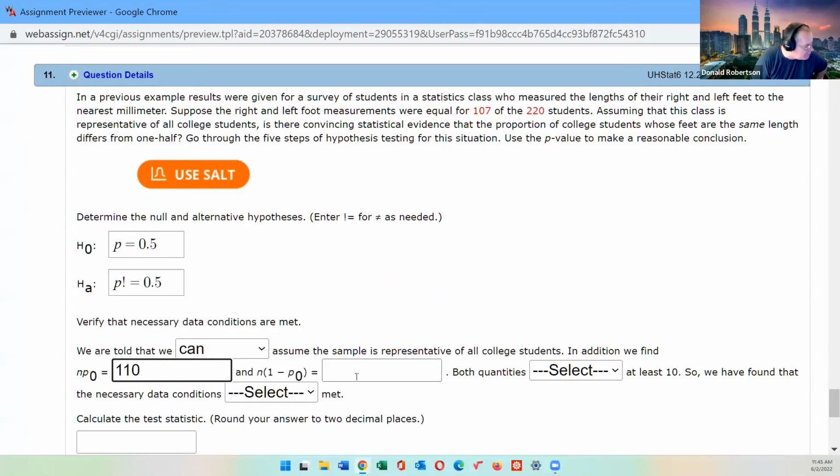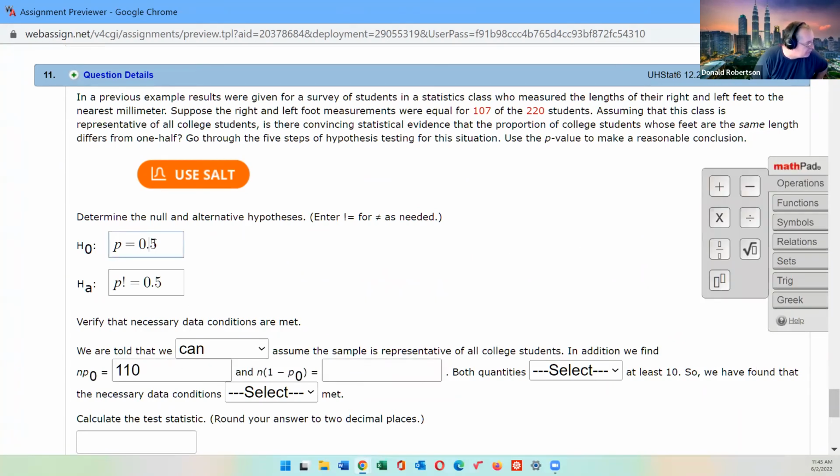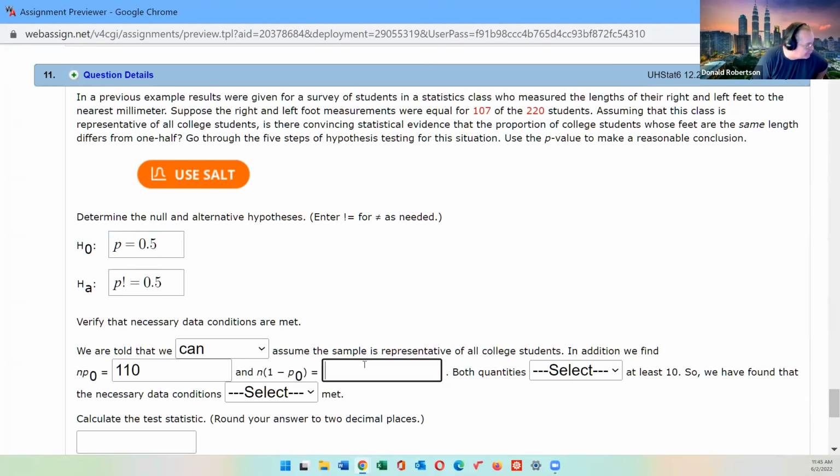And then n times 1 minus p naught is also going to be 110. If that had been 0.3, then it'd be a 0.3 and a 0.7, but they're both the same number, so both are going to be 110. Both quantities are at least 10, so all the conditions have been met.